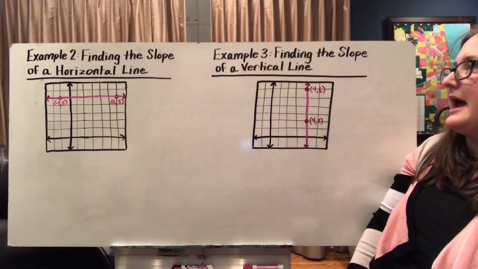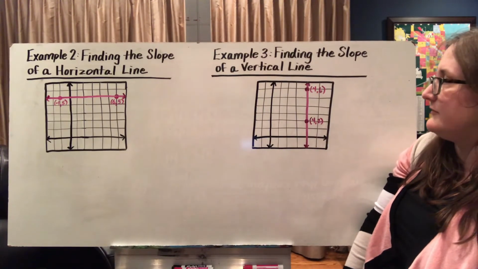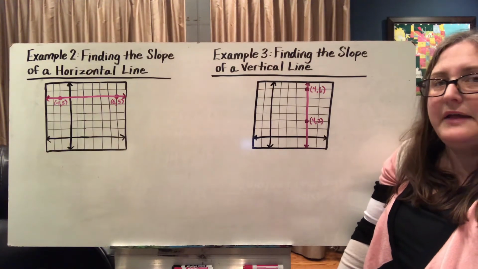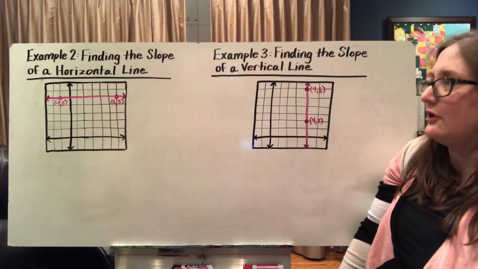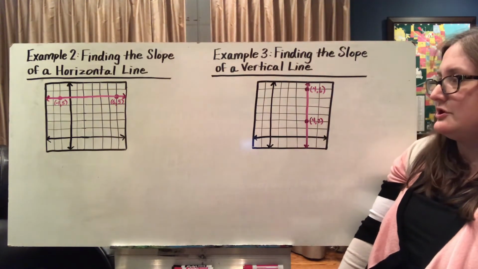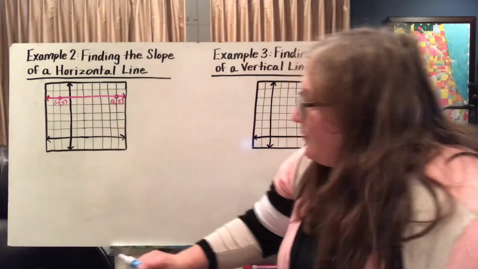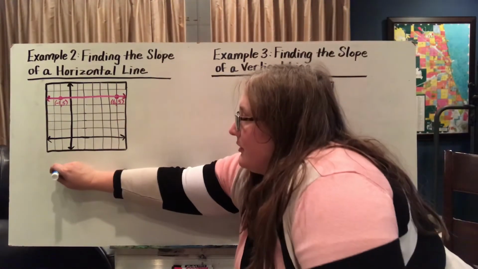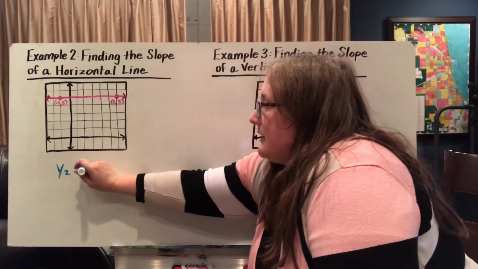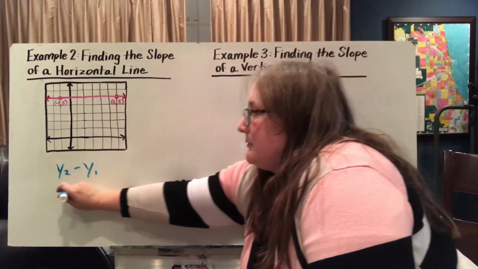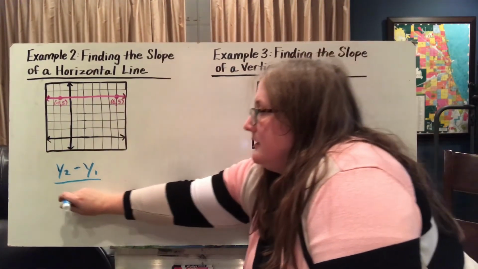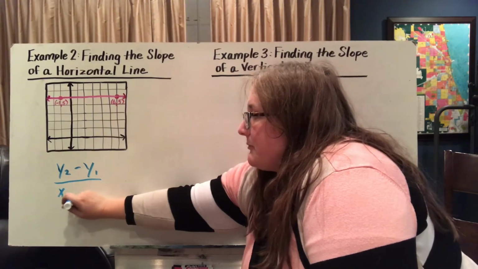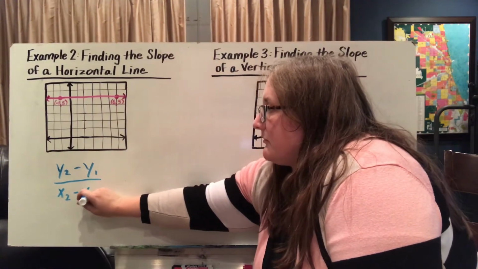All right, here we have a couple of lines that are already drawn for us, and they're asking us to find the slope. So in this case, we're going to use our formula, which was to take the y from our second point minus the y from our first point, or we say y2 minus y1, over the x from our second point minus the x from our first point.